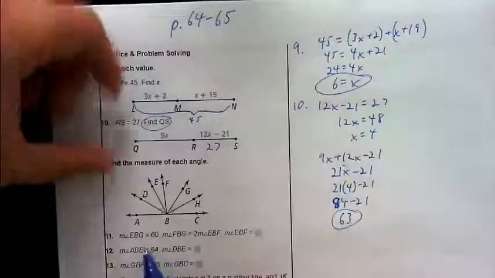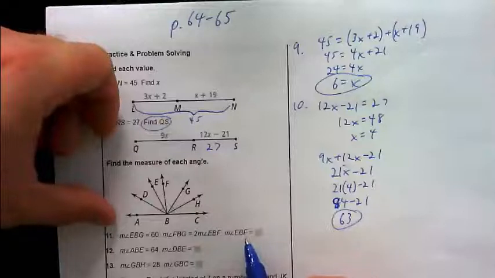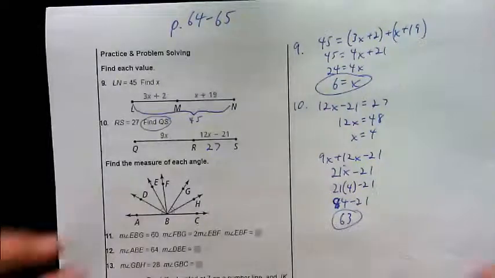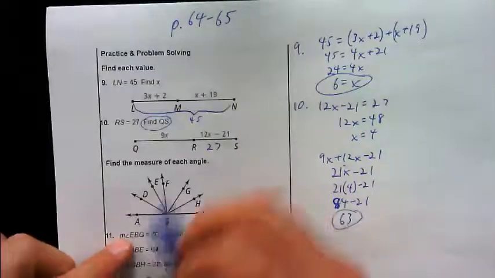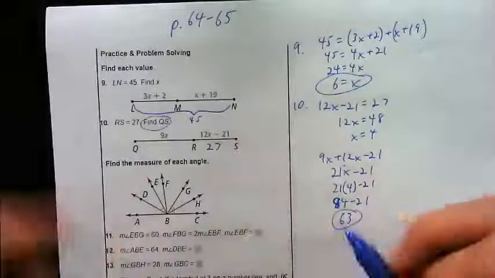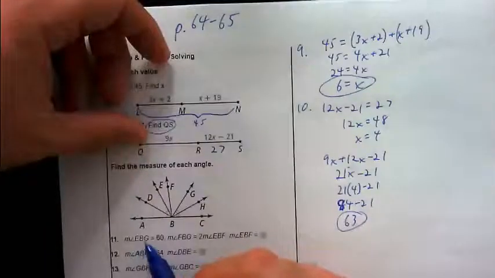Now over here, they gave us a couple different measurements. Now each one is its own separate question here. So you really should only use the diagram for each one. This information based on the diagram, this information based on the diagram. You shouldn't carry it through between problems. So let's see, EBG.